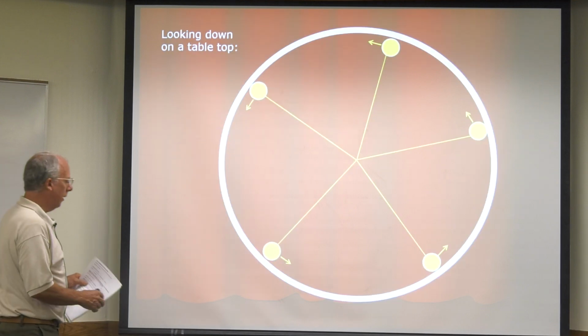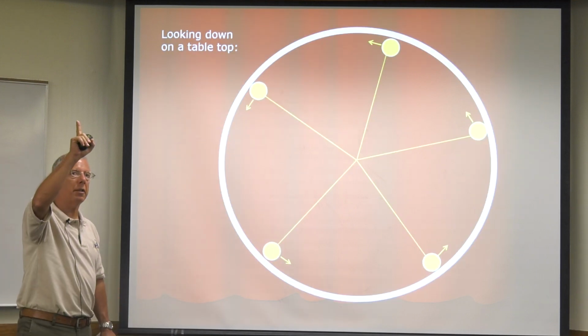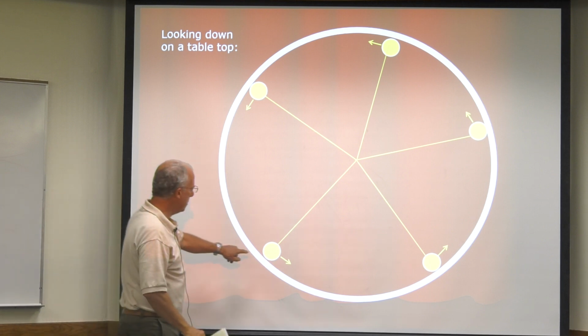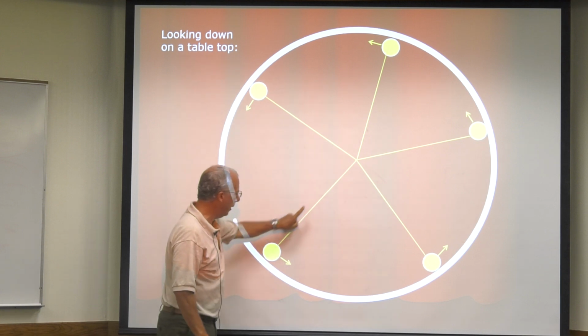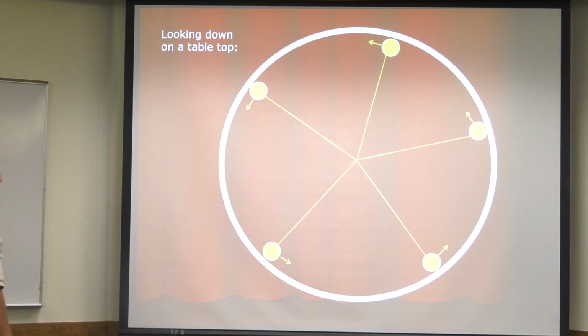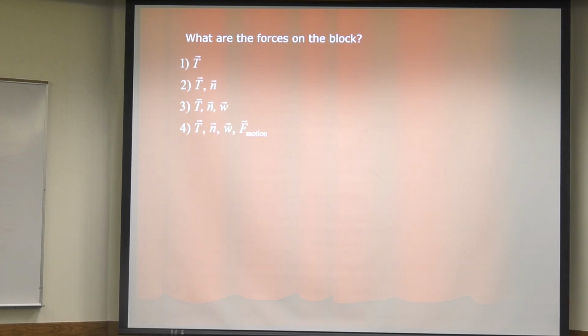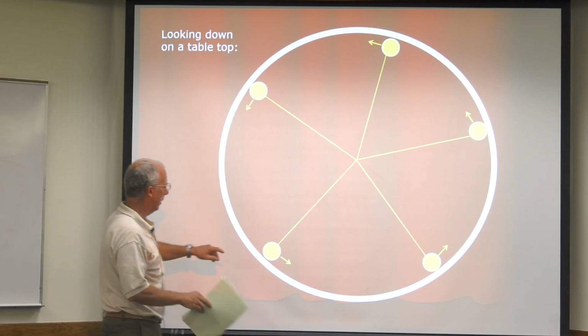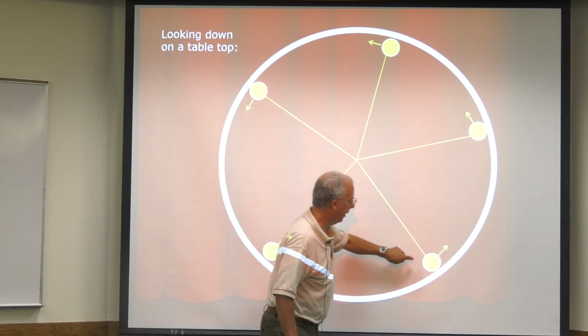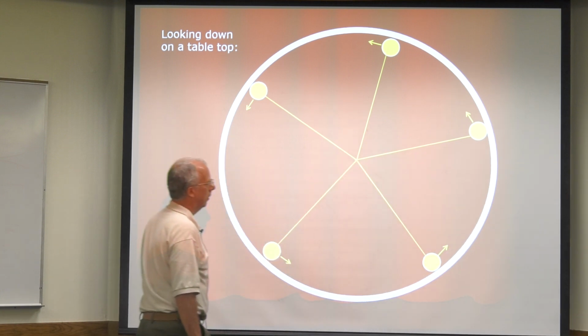Okay, so obviously there's going to be a normal force because it's on a tabletop. There's going to be weight. But what else is there going to be? What's making this happen? There's going to be a tension, right? That's it. The string is forcing it to go in a circle, okay?